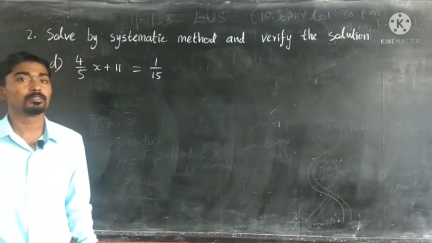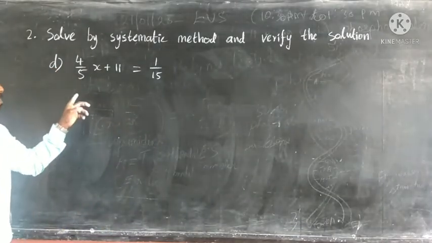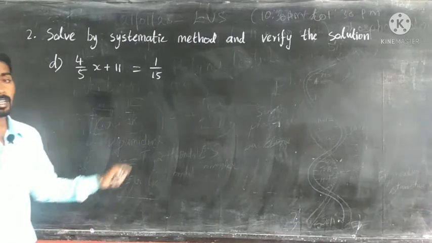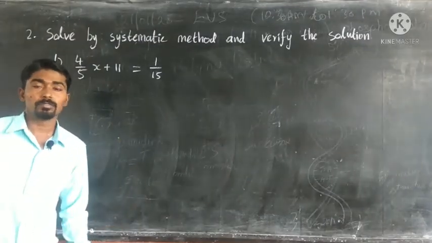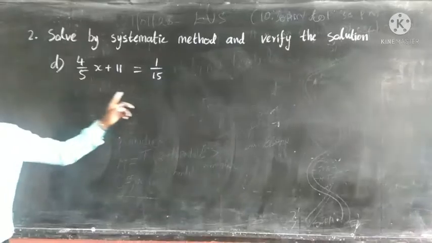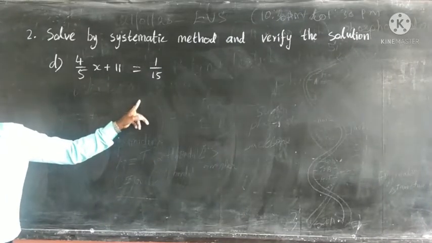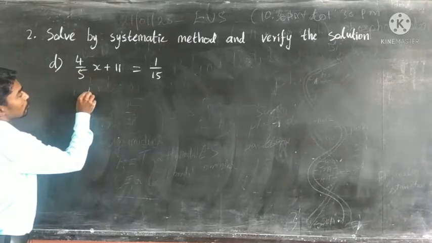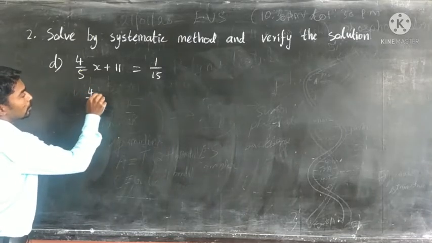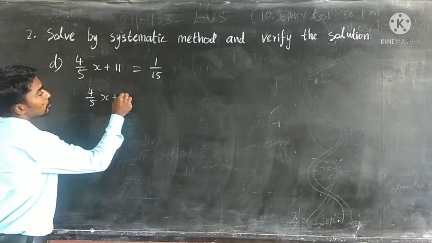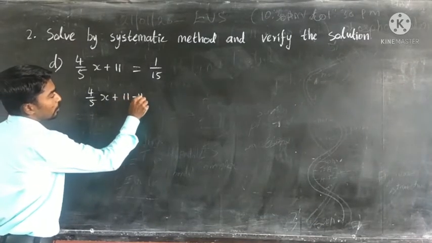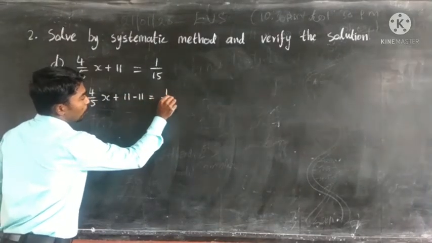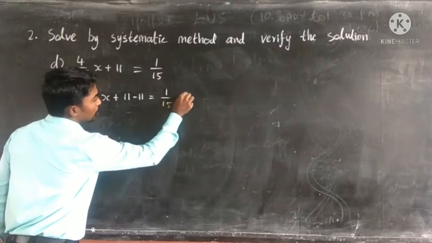Next subdivision, 4 by 5 x plus 11 is equal to 1 by 15. Here we are going to subtract on both sides by 11. 4 by 5 x plus 11 minus 11 is equal to 1 by 15 minus 11.